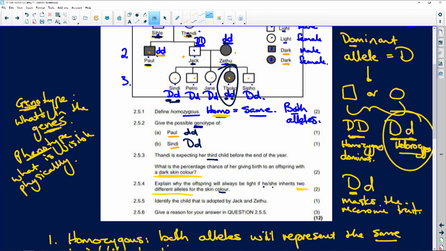And Jack does not have a recessive allele. Remember, you need one of the alleles from the dad and one from the mom. Where did the second d come from? So Toko is adopted. Then give a reason for your answer. I've just explained it to you.